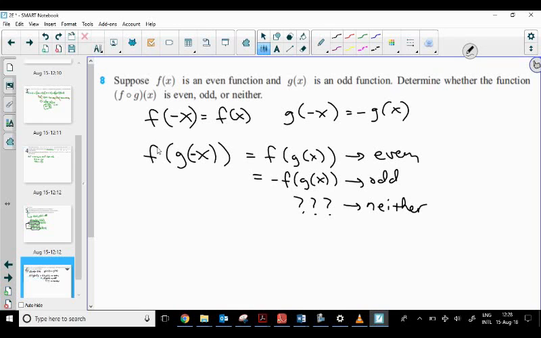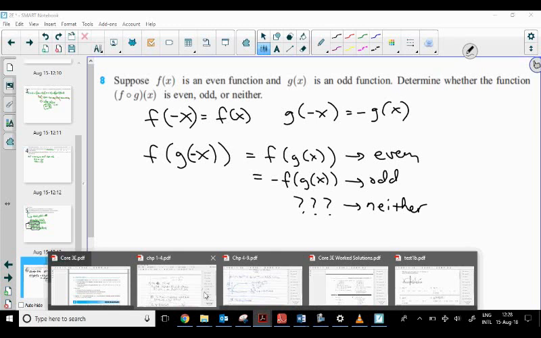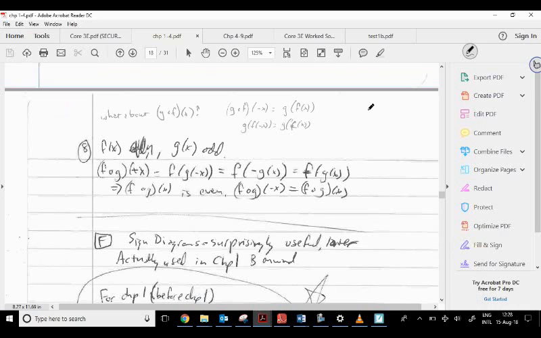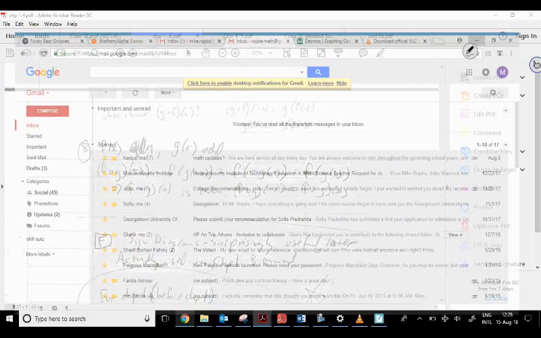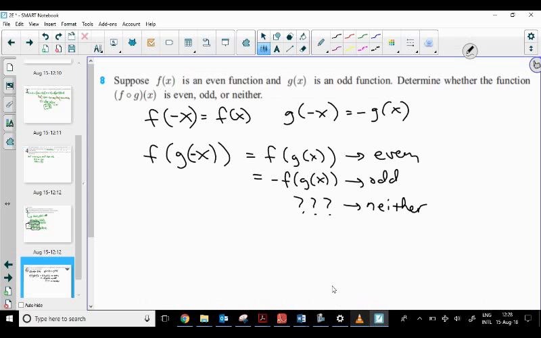So, what happens? Well, working from the inside out, we know that g of negative x is equal to negative g of x. So this is now f of negative g of x.